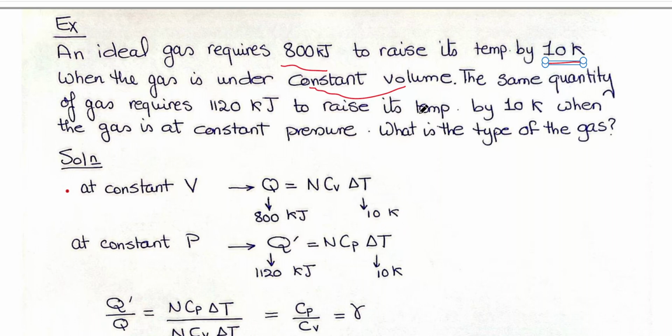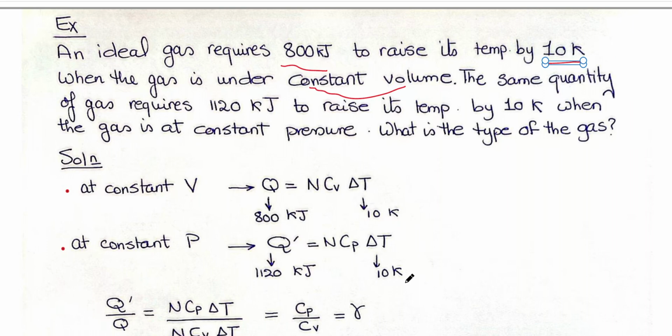The same quantity of gas, same N and same gas, requires 1120 kilojoules to raise its temperature by the same amount, 10 Kelvin, when the gas is at constant pressure. So the second given is at constant pressure, we have Q dash, another value of heat energy, equals NCP delta T. Now the heat energy is 1120 and the delta T is 10 Kelvin.